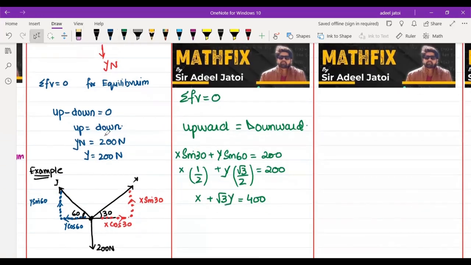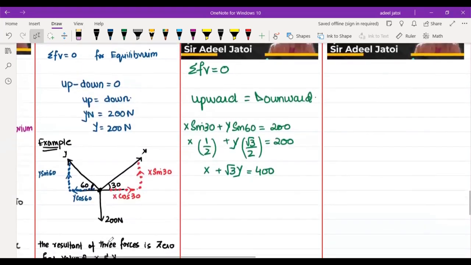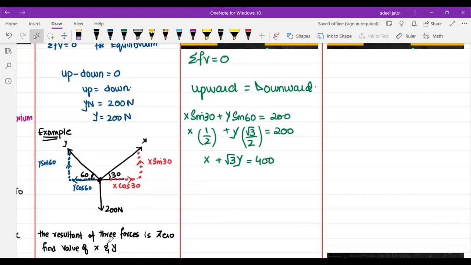So we now know that in the first equation, we already had the equation of y, that y was under root 3x. So in place of y, we can always write under root 3x.